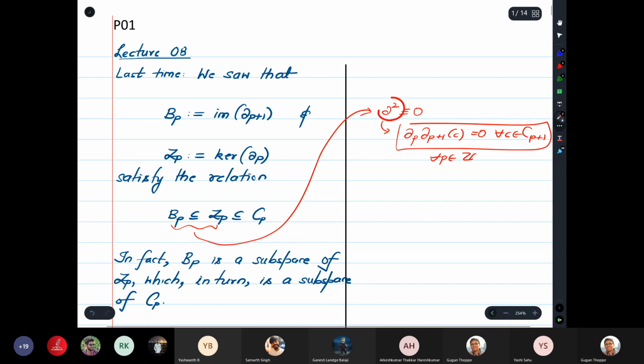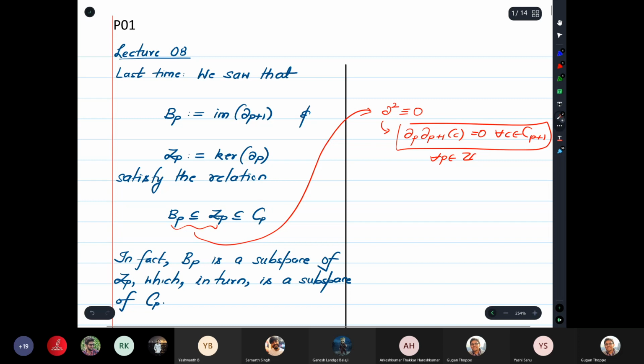So if you apply this ∂ operator successively twice, then every chain in C_{p+1} would be taken to 0. Using this, we said that B_p must be a subset of Z_p, and Z_p is the set of p chains which lie in the kernel of ∂_p, so this trivially must be a subset of C_p.